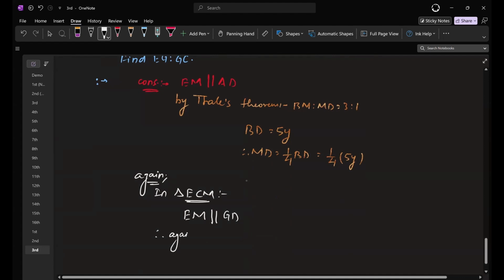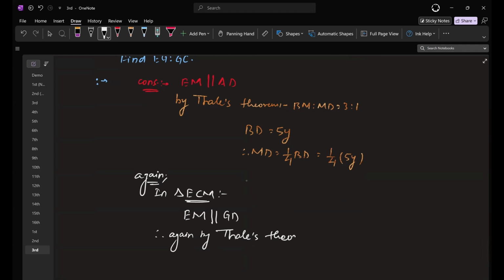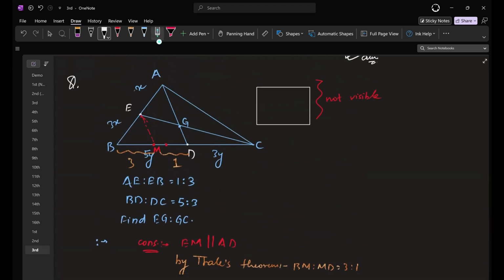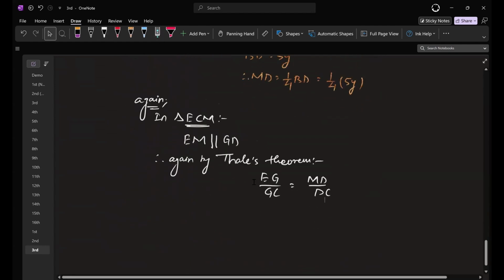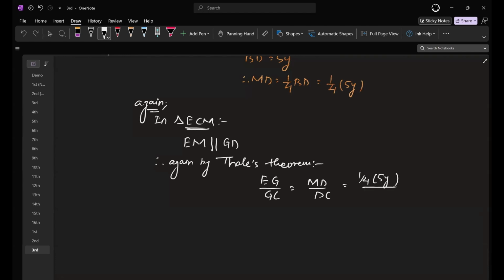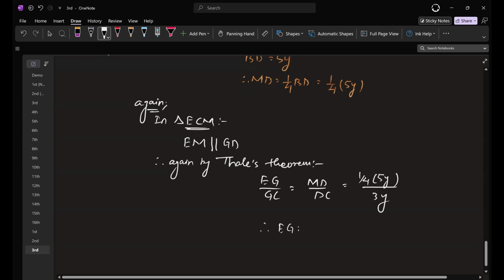Therefore, again by Thales' theorem, EG is to GC is going to be MD is to DC. Is that right? Yeah. If that is the case, then what is MD? MD is 1/4 into 5y. What is DC? This is 3y. It means EG is to GC is going to be 5 is to 12. Answer.